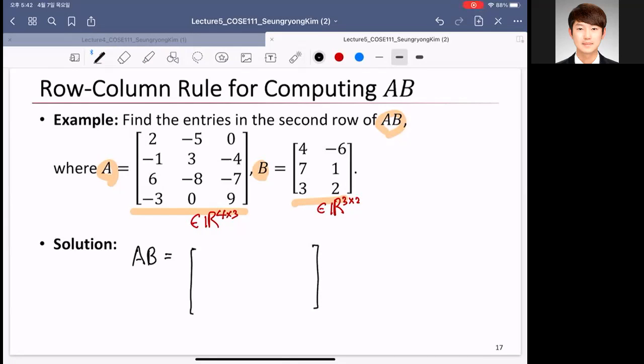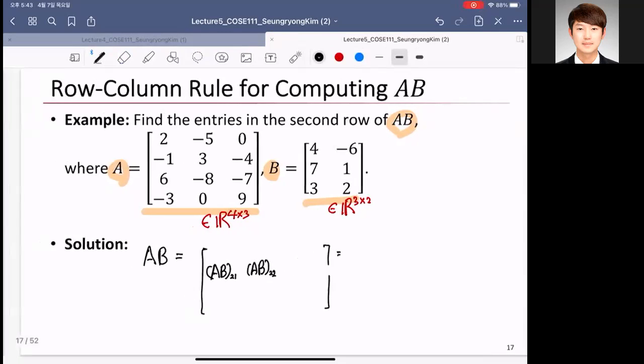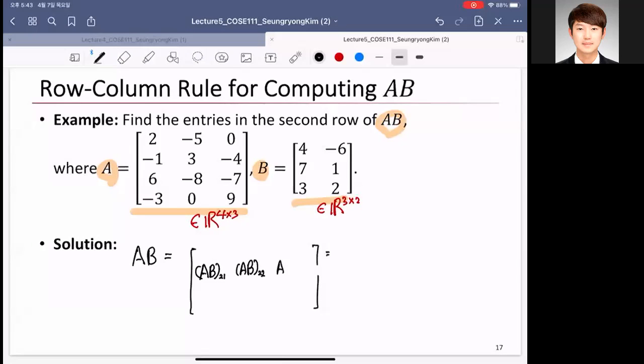So we want to know AB21, AB22, and that's it, because matrix B only has 2 columns, so the second row of AB has just 2 values: AB21 and AB22. Let's do that.